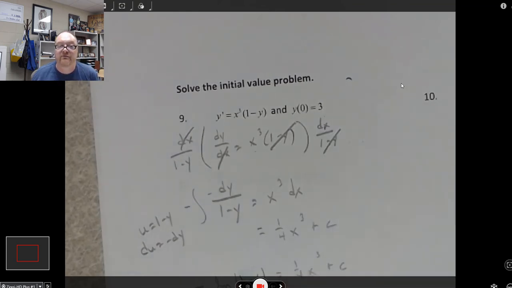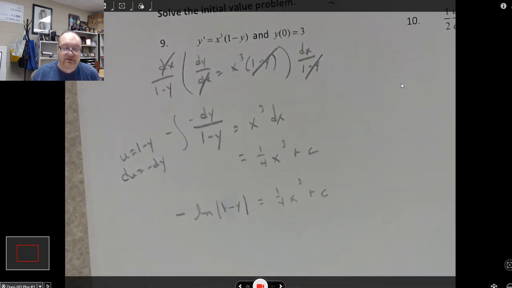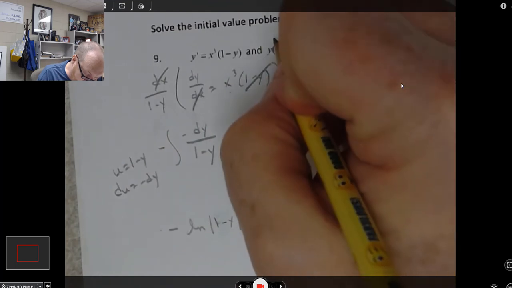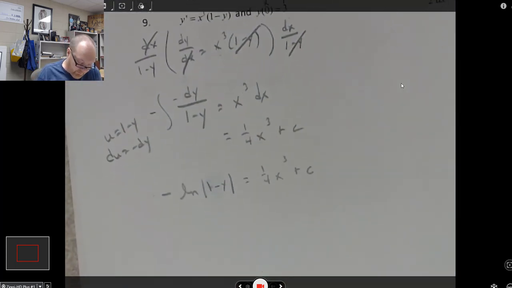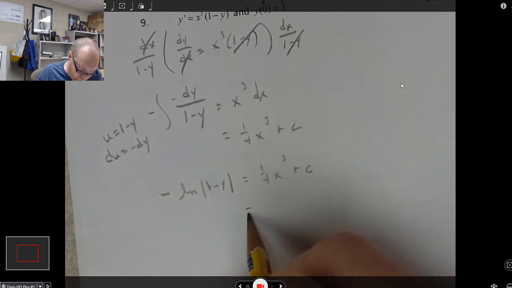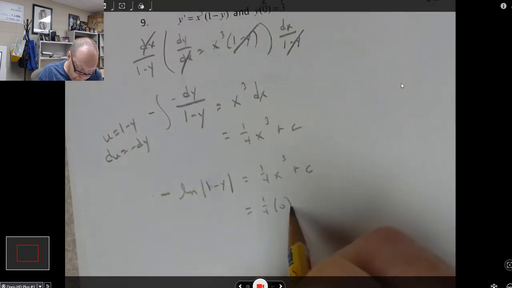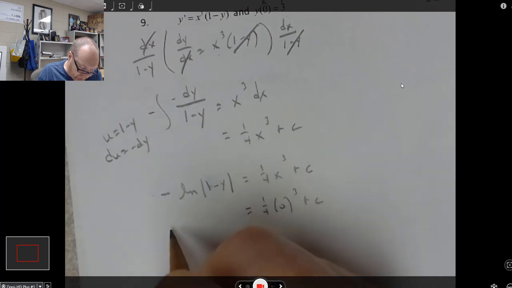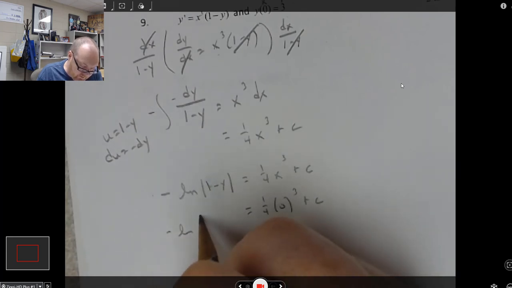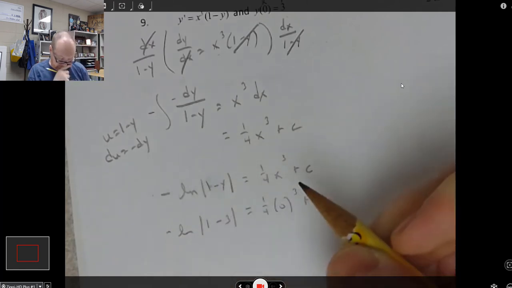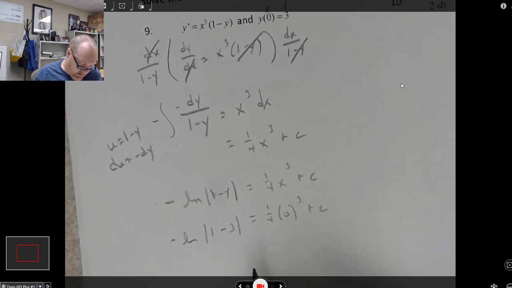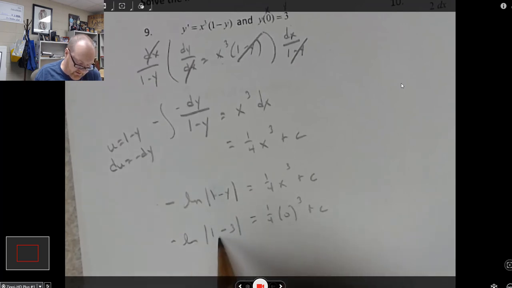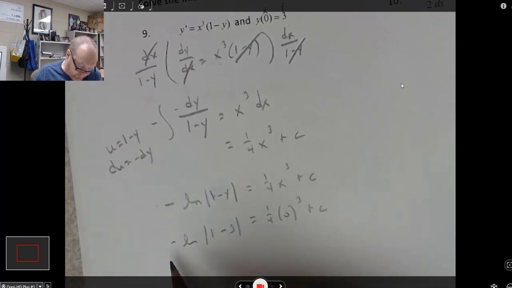I think I'll go ahead and make use of this initial condition. This initial condition says whenever x is 0, y is 3. So everywhere I see an x, I'm going to put in a 0. Everywhere I see a y, I'm going to put in a 3. And so again, this is an instance where absolute value becomes important.